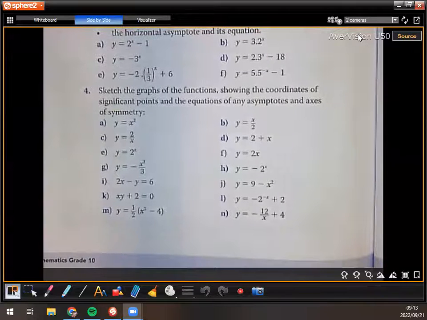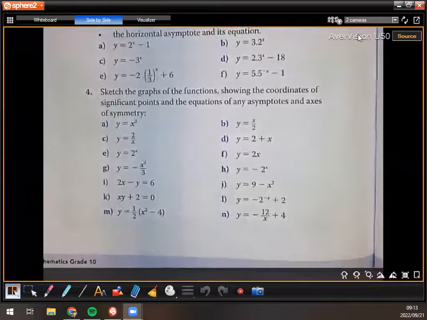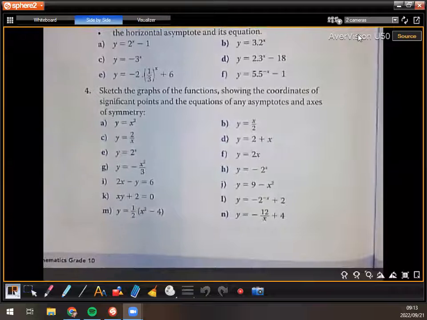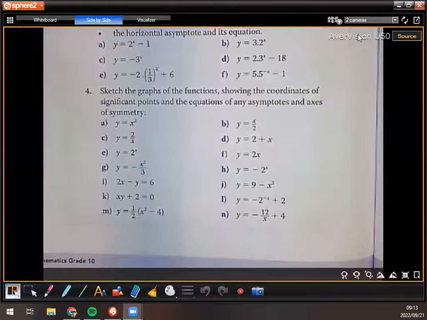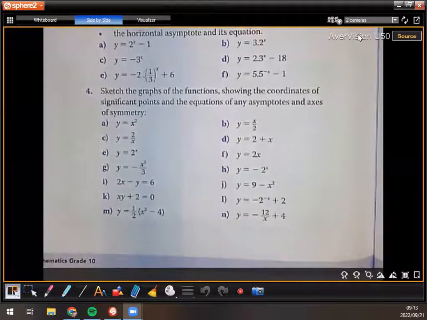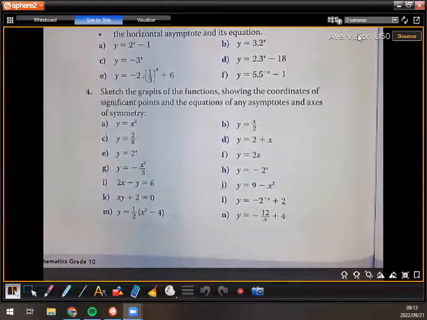This is exercise 8.3, G to J. Sorry, let me also just make a note of this quickly. Exercise 8.3 for G to J. Then we are moving to exercise 8.4.